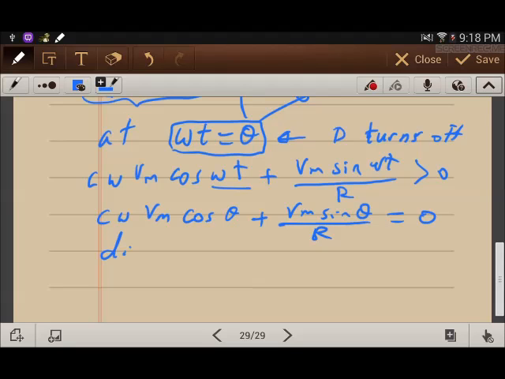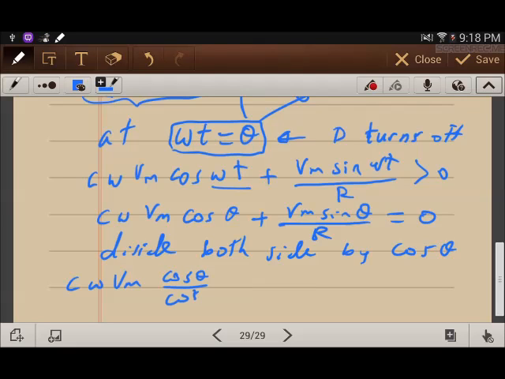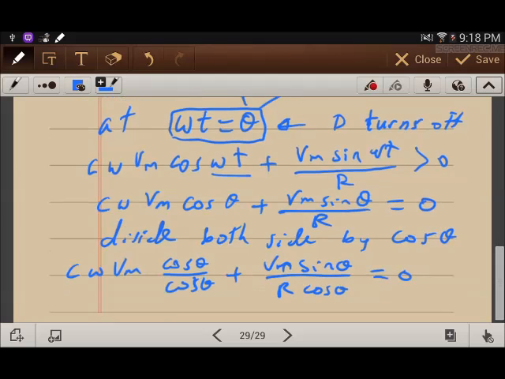Now divide both sides by cosine theta, so you'll get C omega V maximum cosine theta over cosine theta plus V maximum sine theta over R cosine theta is equal to 0.